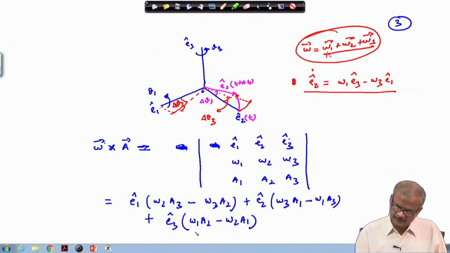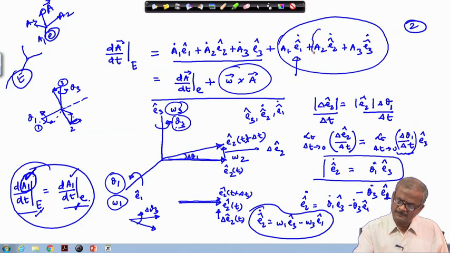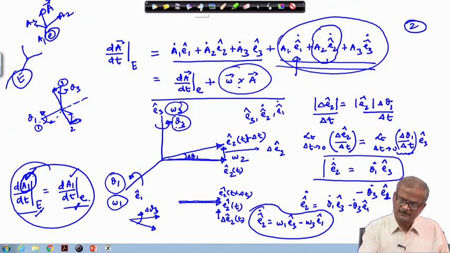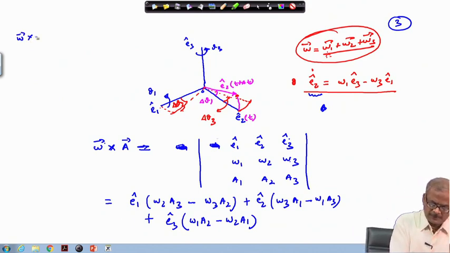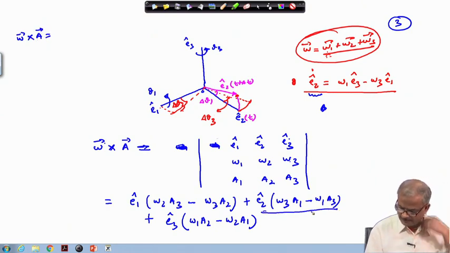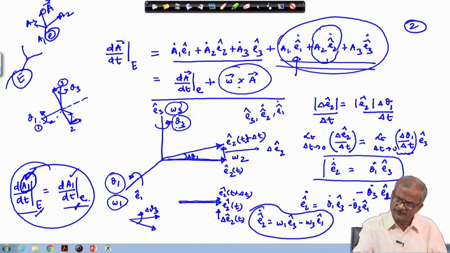Now, check this part, this is your E 2 dot. Go back here, this part we have taken up. So, omega cross A we are writing like this, where we look for the particular term A 2 times E 2 dot cap.